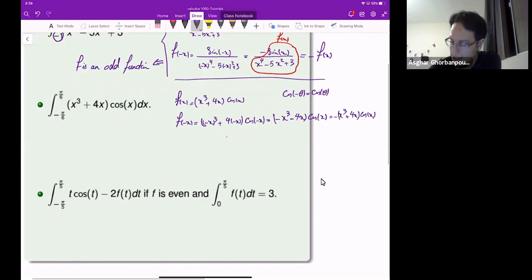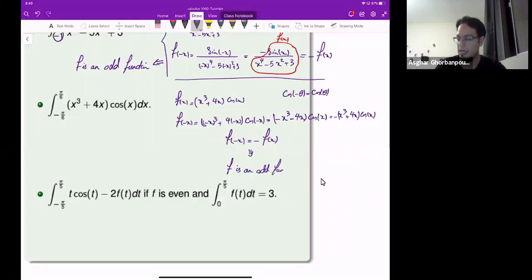And as you can see, what I have proved is that f of negative x is minus f of x. So that means that f is an odd function.